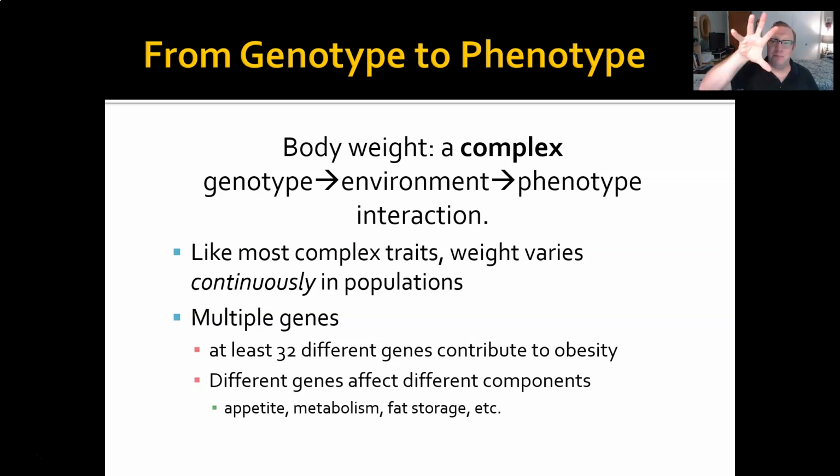That is, a lot more people will have body weights in the middle here, and very few at the extremes. So you'll have this distribution, but it's a continuous curve, right? You have to draw an arbitrary line to make separations here.